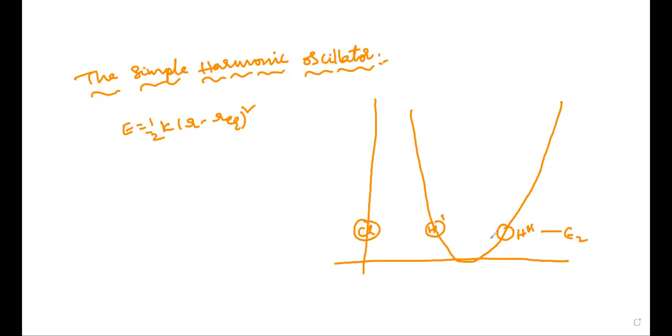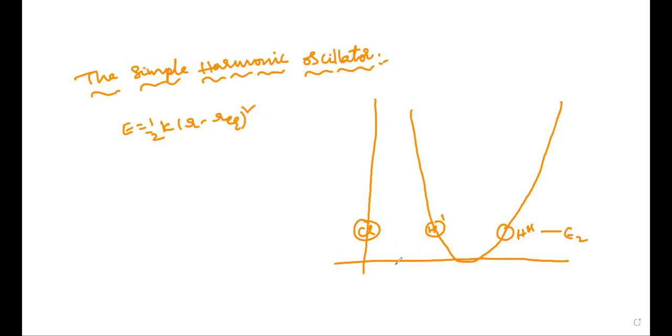In the case of HCl, hydrogen chloride, it is a good approximation to say that during this vibration the heavy chlorine atom stays still, and it is the much lighter hydrogen which moves. So only the distance between the two atoms is important, and for any diatomic molecule we can always imagine ourselves sitting on one atom and watching the other move.